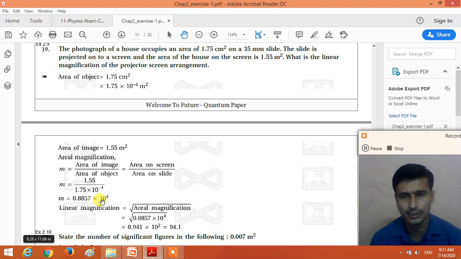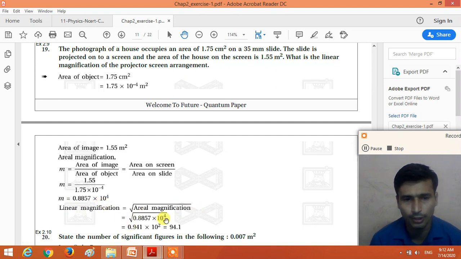From this aerial magnification, we can calculate the linear magnification. Linear magnification is the square root of the aerial magnification. The aerial magnification we got is 0.8857 into 10 raised to 4.